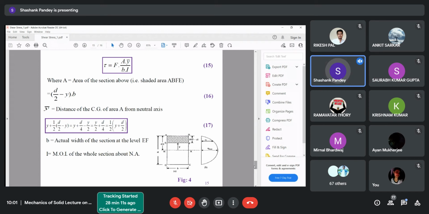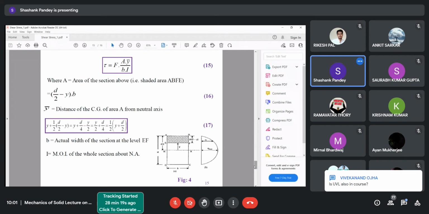We will derive the distribution of shear stress for this general cross section ABEF.